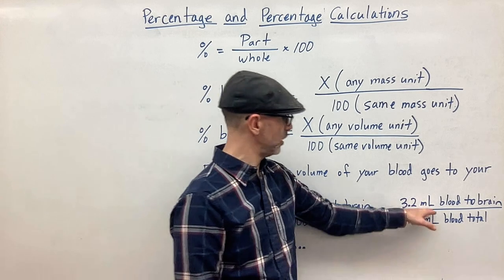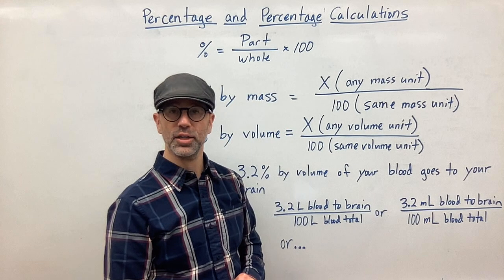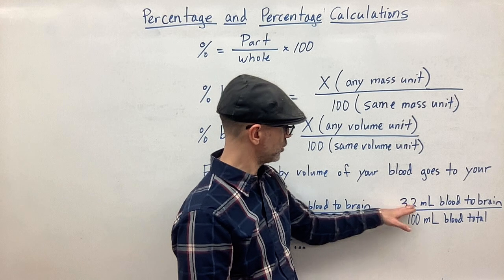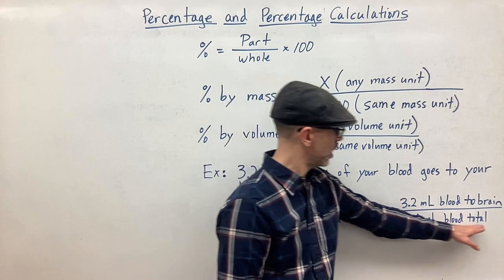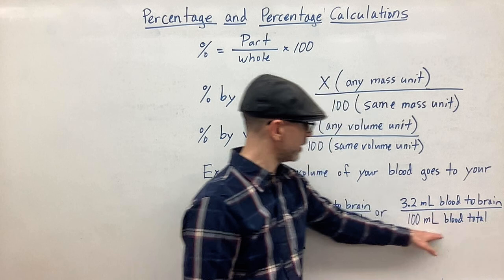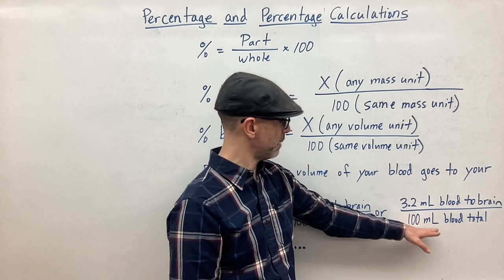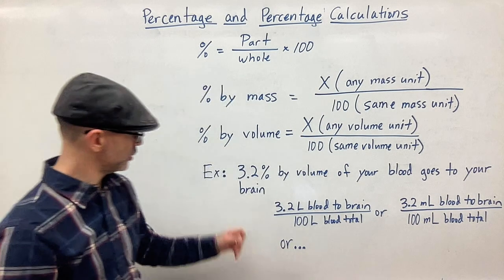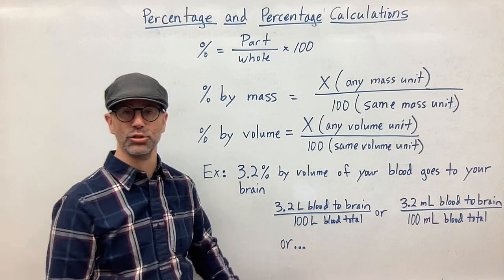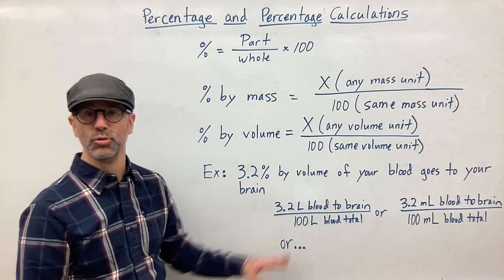Or if maybe milliliters is more convenient, then I could do 3.2 milliliters of blood to my brain out of 100 milliliters of total blood in my body. I could do quarts, gallons, whatever.